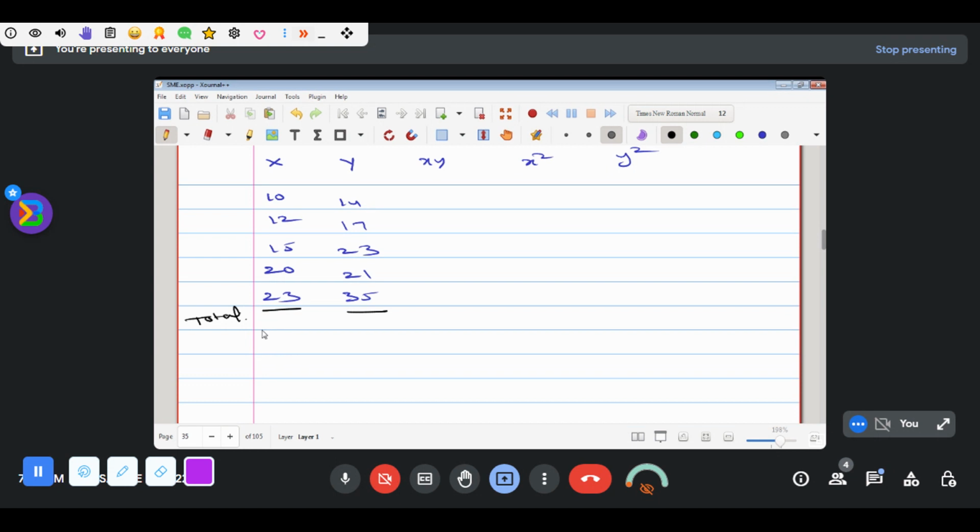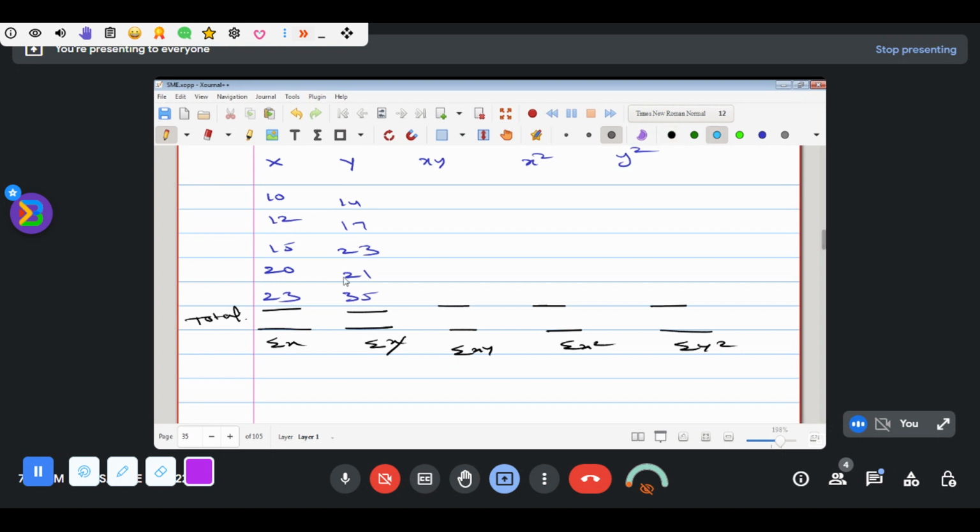This summation is the sum of x, this is the sum of y, this is summation xy, and then summation x squared and summation y squared.